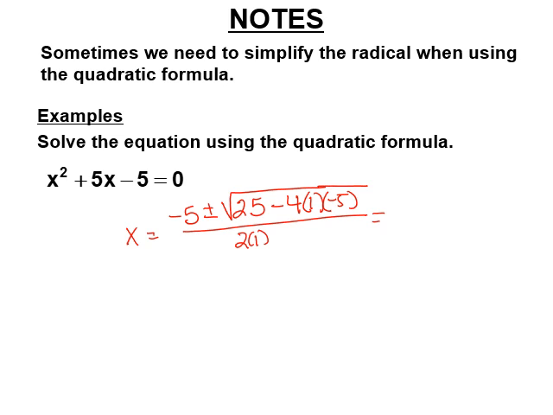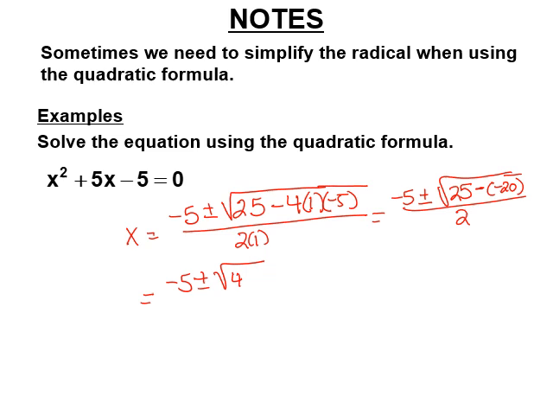So we get negative 5 plus or minus the square root of 25 minus, notice I always write it this way, 4 times negative 5 is negative 20, minus negative 20, all over 2. So you get negative 5 plus or minus the square root of 45 over 2.